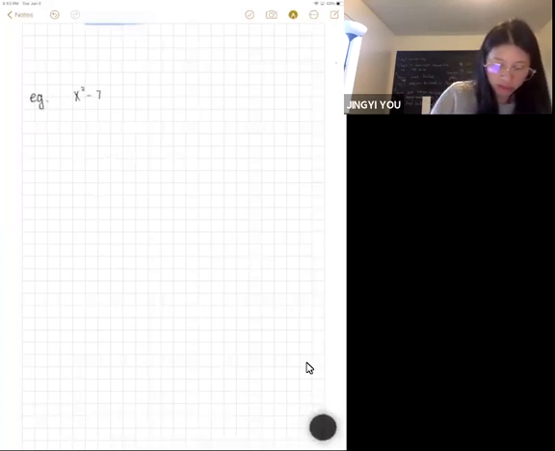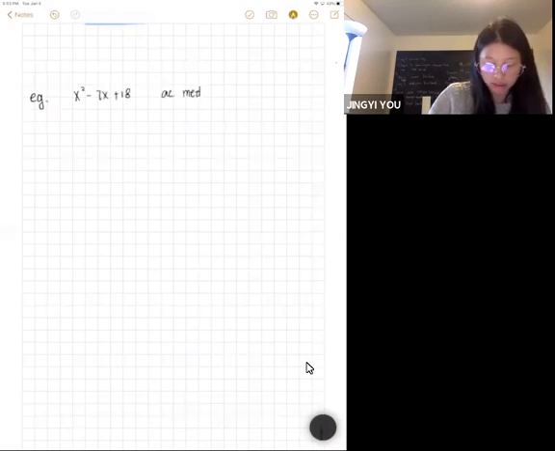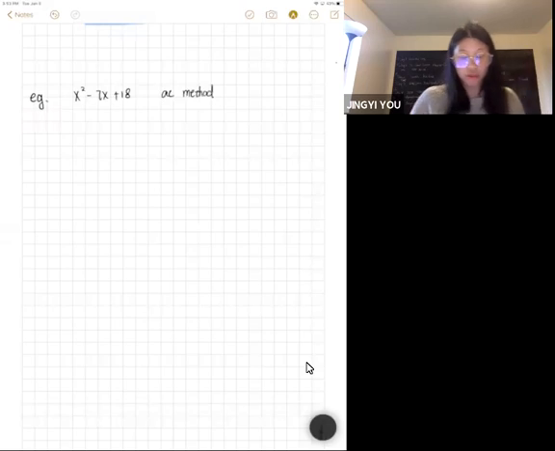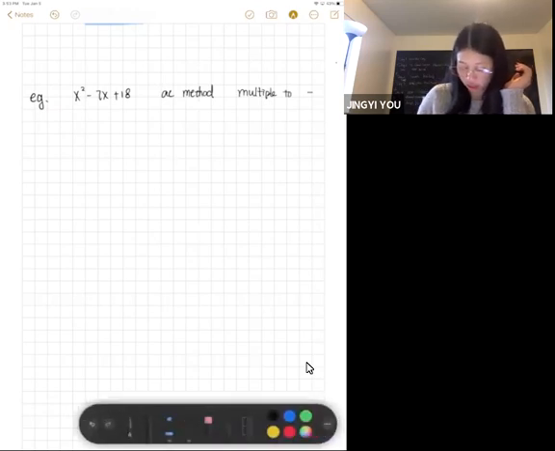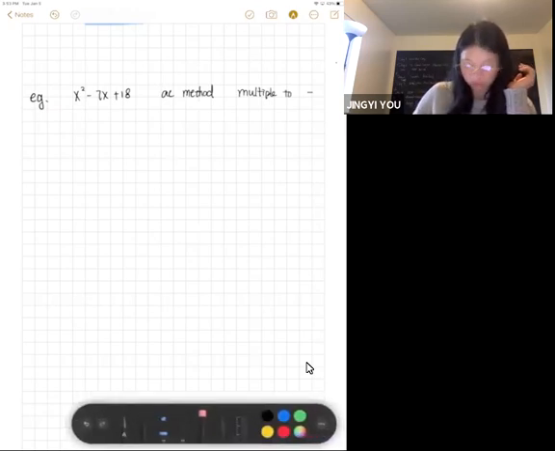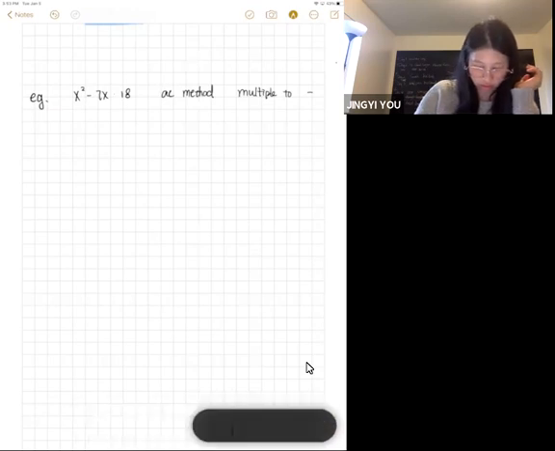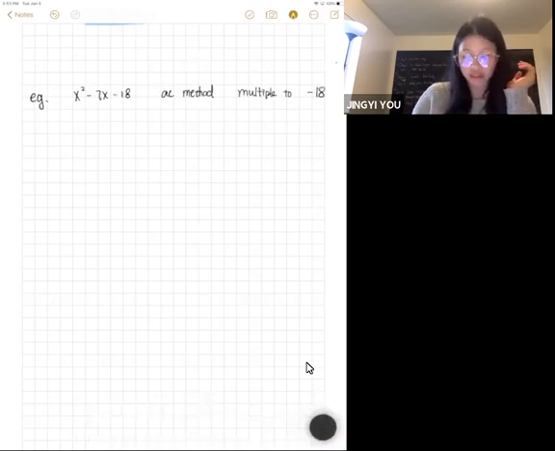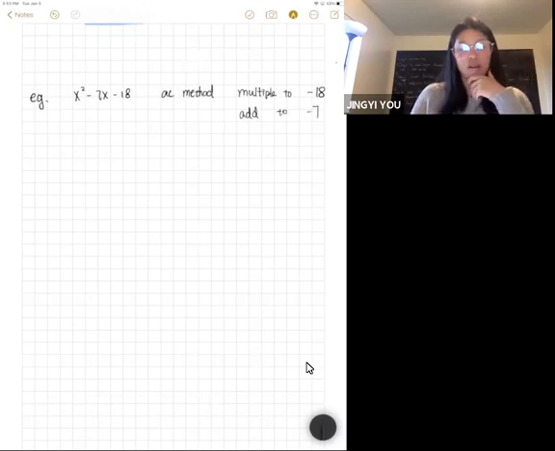x squared minus 7x plus 18. We use the AC method. So we want two numbers that multiply to get what? Positive 18. Oh, I'm sorry, negative 18. Negative 18, and then we want two numbers to add to get negative 7.